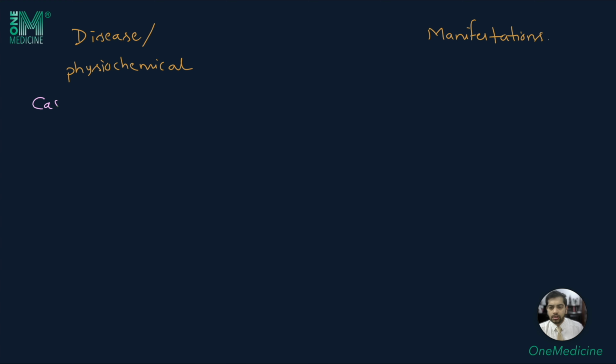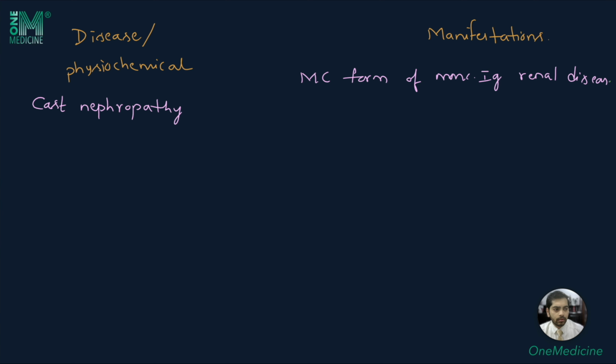The first one is cast nephropathy. It is the most common form of monoclonal immunoglobulin related renal disease. It causes tubular obstruction with light chains of immunoglobulins.